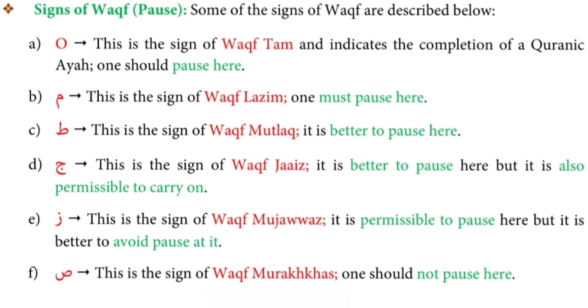But if you want to take breath in the middle of an ayah and there is no sign of waqf, but even then you want to take the breath, then apply the rule of waqf on that last word and then take the breath and repeat the word where you did waqf. Repeat that word and carry on reading the next words up to the sign of waqf. And this repetition is called i'ada.